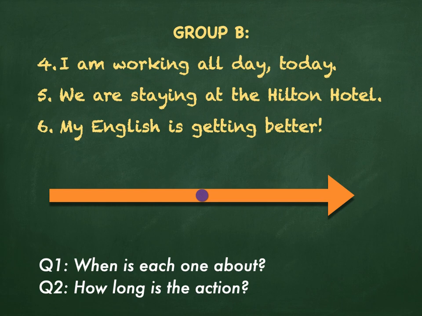In these examples, maybe 1 day, 1 week, or maybe many months. So with group B, the present progressive is about a temporary activity or situation.